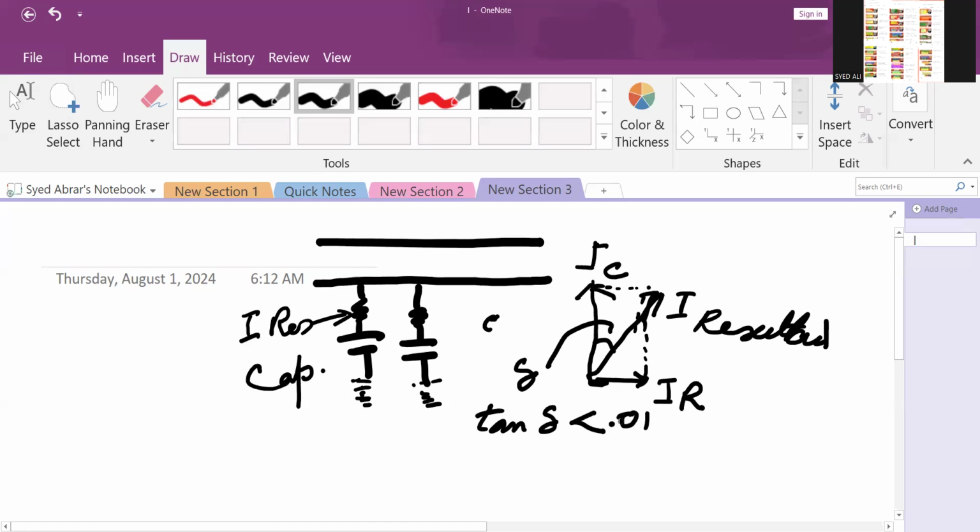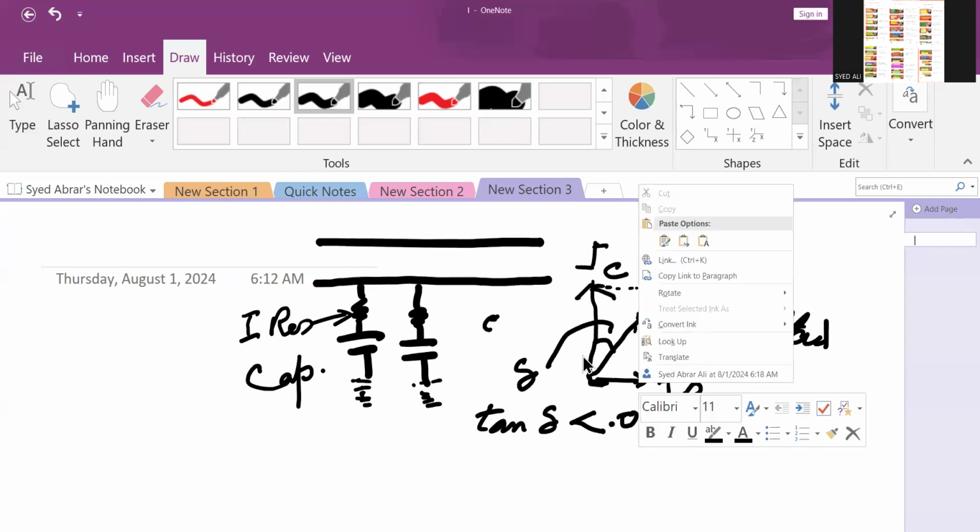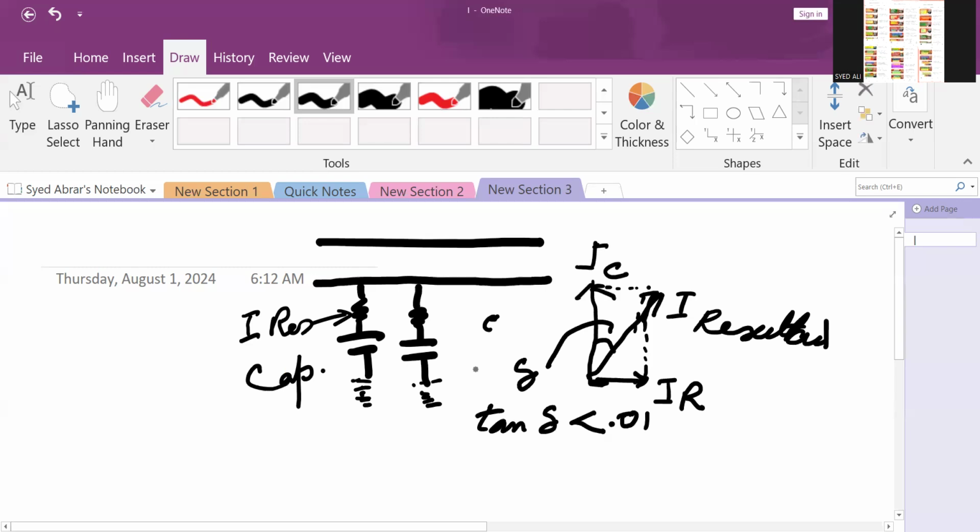So now see what happens. You look at this diagram here, IR. If this insulation resistance is not healthy, if this is weak, then the IR will increase. So IR will increase. And what will happen to this vector diagram?